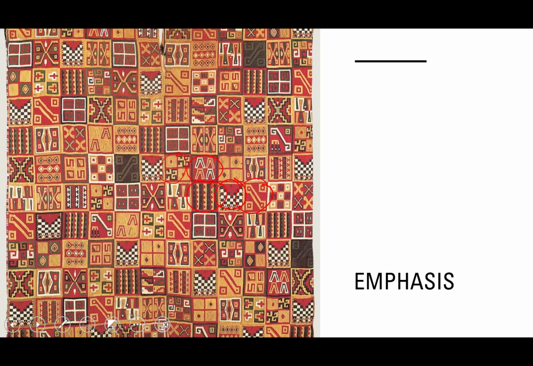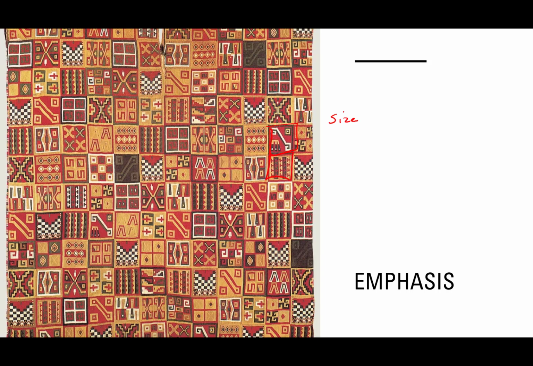Where this is emphasis, but it's emphasis of the whole. So you have to take in the whole quilt, and you can clearly see there's individual elements, but none stand out because they're all the same size, right?